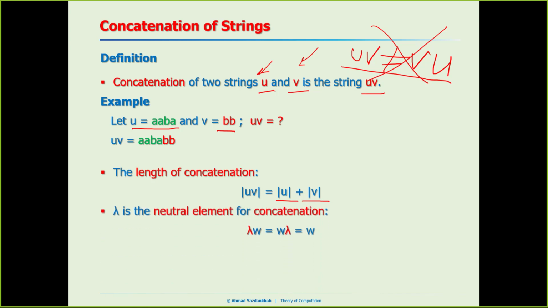Lambda is the empty string. If you concatenate it with anything from the left or right, it is a neutral element. Here is an example. You see, you put lambda anywhere, it doesn't matter.